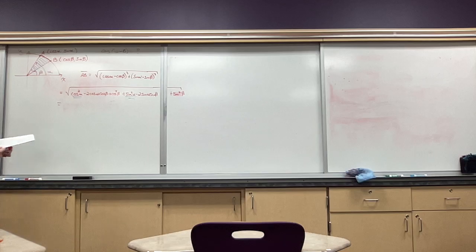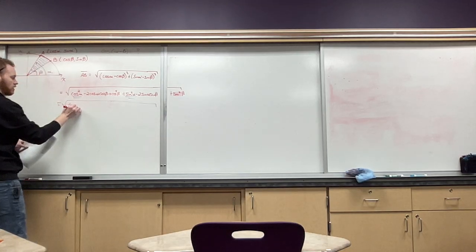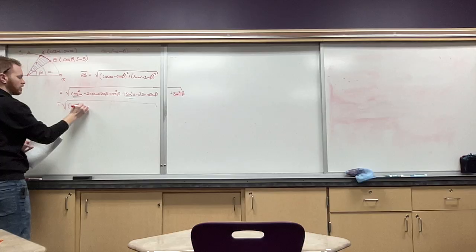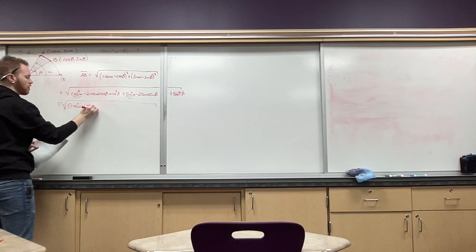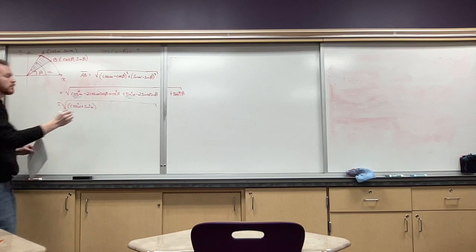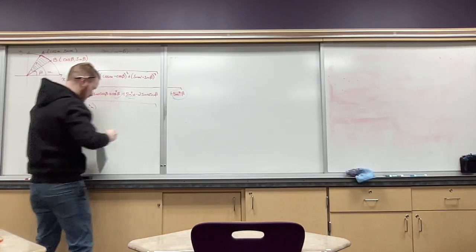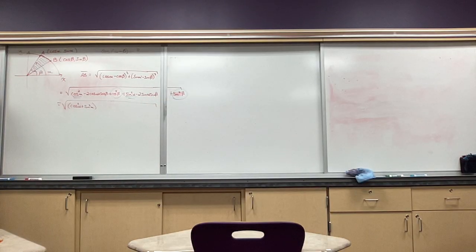That sounds like a good idea to me, so let's group them together, because we know that's going to be a 1. Can you see the same thing with betas? Is there a cosine squared and a sine squared of beta? I think there is. Here, and oh hey, it's the one over here. So let's group them together, because immediately I know those are going to be 1s for us.